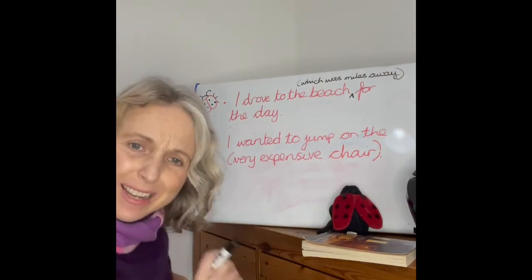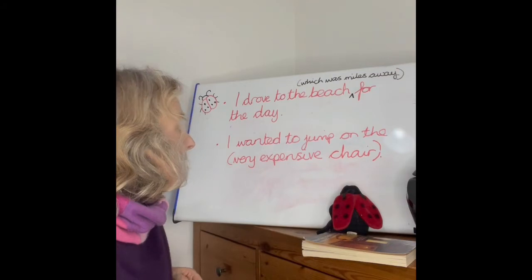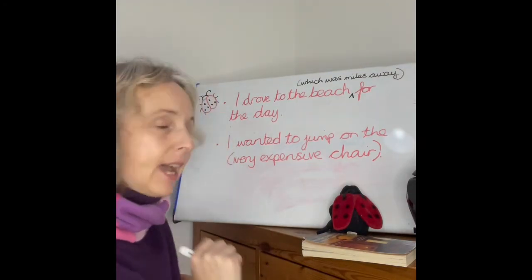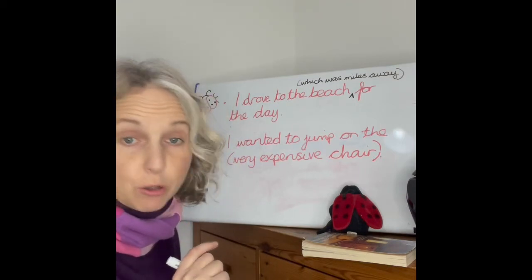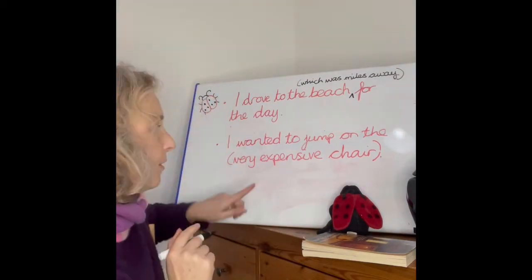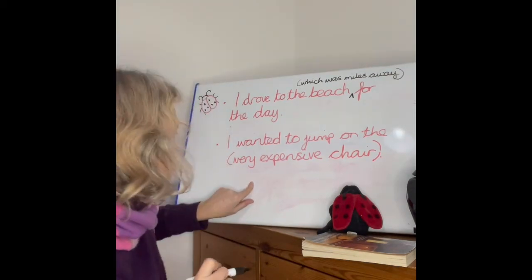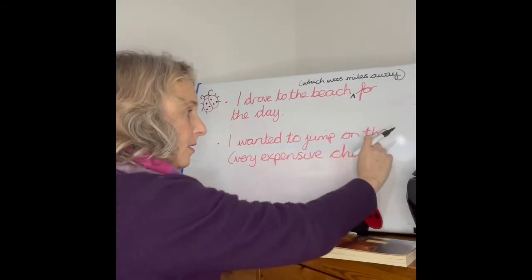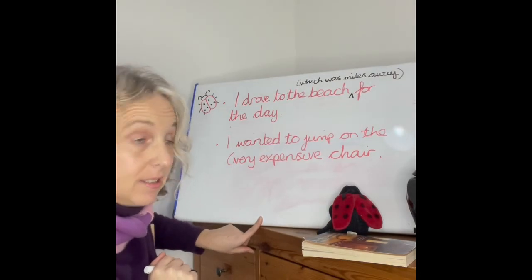So the sentence that made sense to start with must have been, I wanted to jump on the chair, or I wanted to jump on the expensive chair. One of those. Could be either. So if she's going to add this bracket in the right place, she's put it in the wrong place. We don't need the bracket at the end of the sentence because it doesn't make sense.